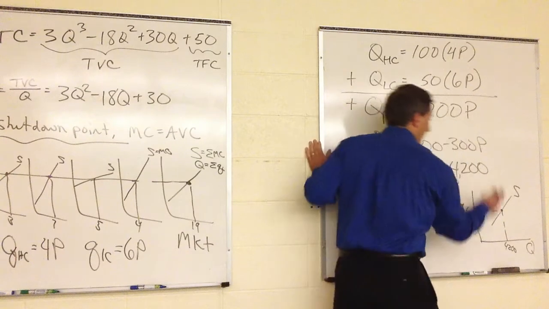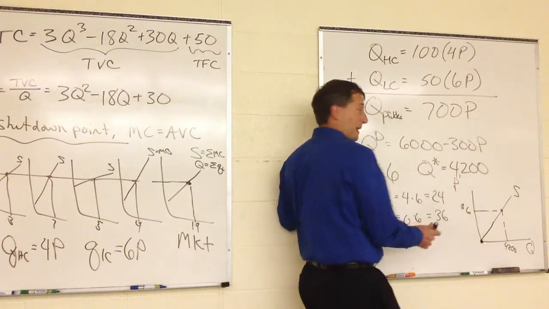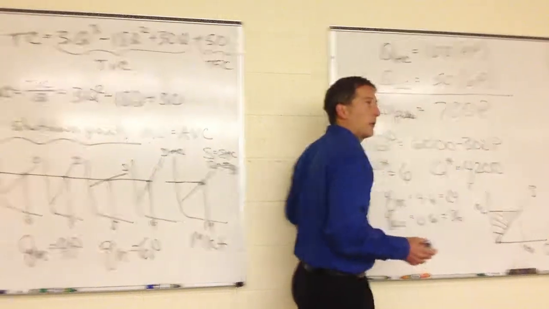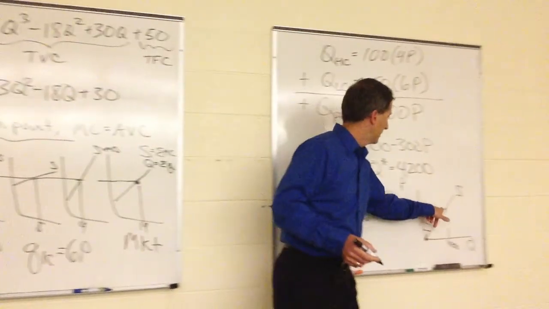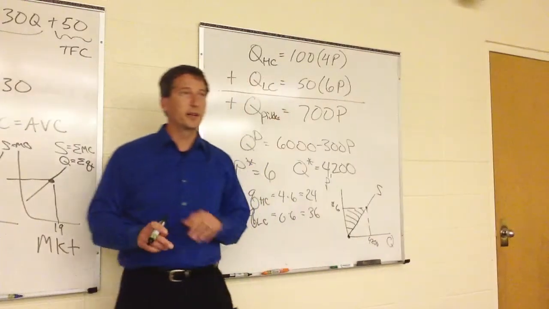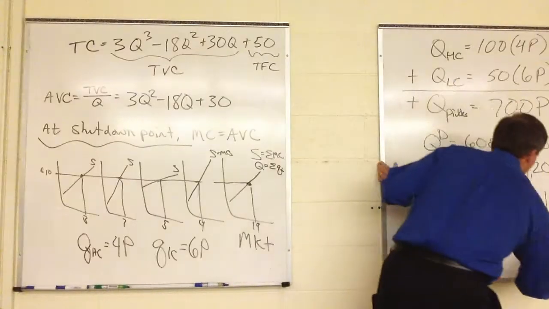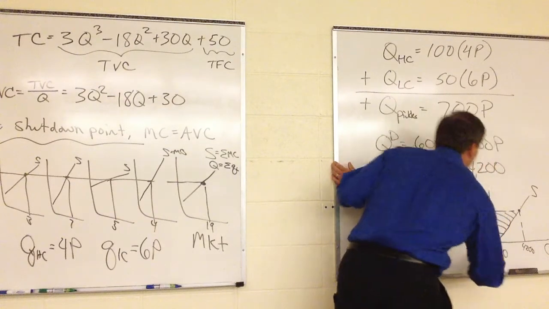This was just kind of a simple one, but I just wanted to call to your attention that we don't necessarily know that, but it happens to be 0. And so now just calculate the area, one half base times height. So 6 times 4,200 divided by 2 is 12,600. So producer surplus is 12,600 bucks.